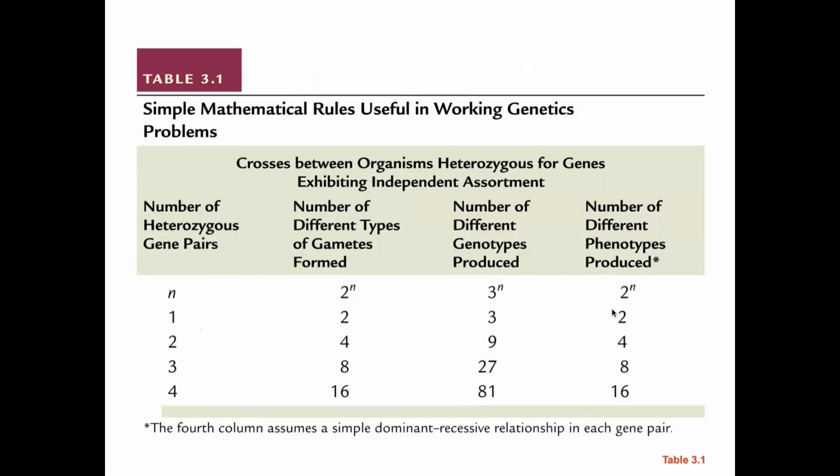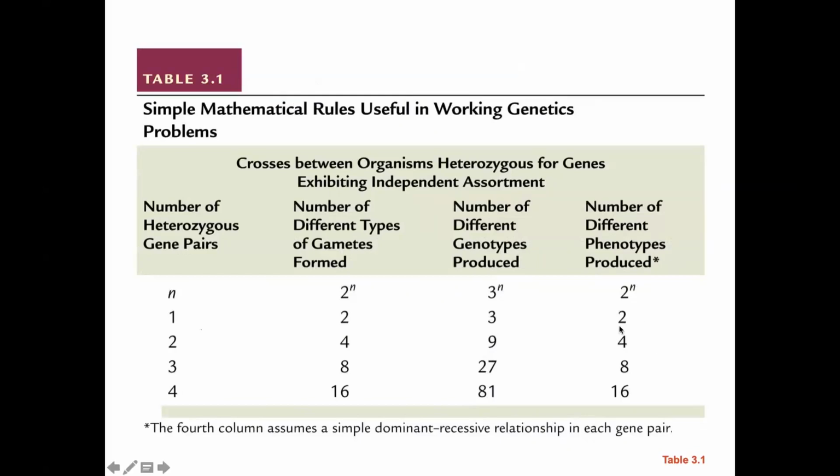And lastly, there's one other formula here. You can predict the number of different phenotypes that will occur among the F2 progeny, again, assuming an allelic relationship of dominance and recessiveness. That's all that we know to this point, the Mendelian condition of dominance and recessiveness. So how many different phenotypes did we see in the F2 population of the monohybrid cross?